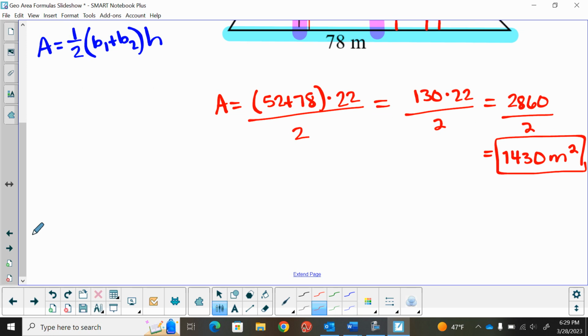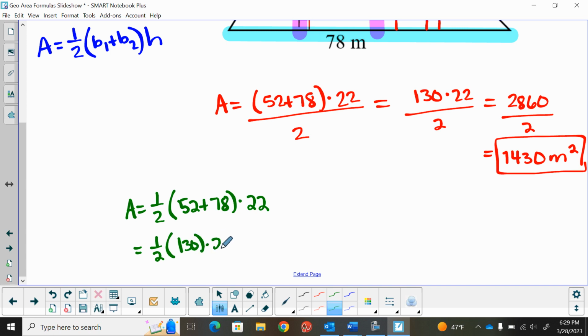Okay. Just the other way to write it, I'll show you here. If you want to do 1/2 times base times height, this time we would add our two bases and then times our height. So we'd still add the bases together first and get that 130. And then from here, you could just do this all in your calculator, just like the triangle. 1/2 times 130 times 22, and you're going to get the same answer, 1,430 meters squared.